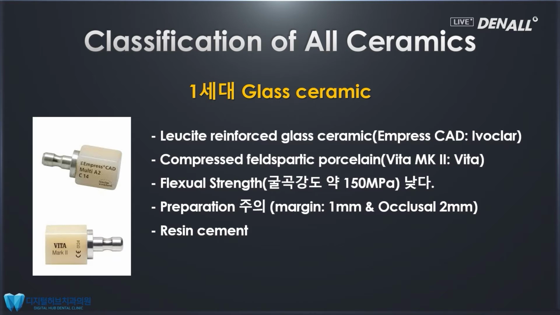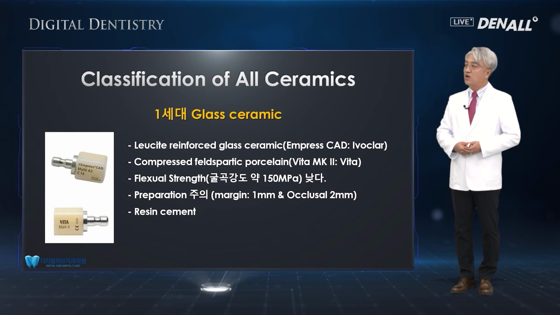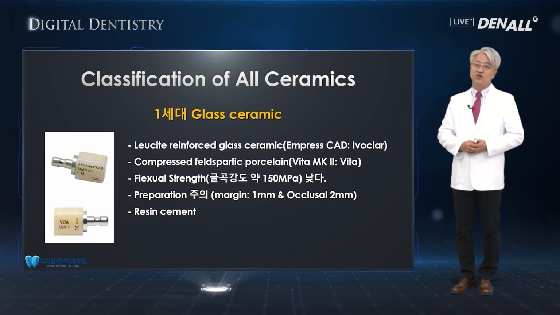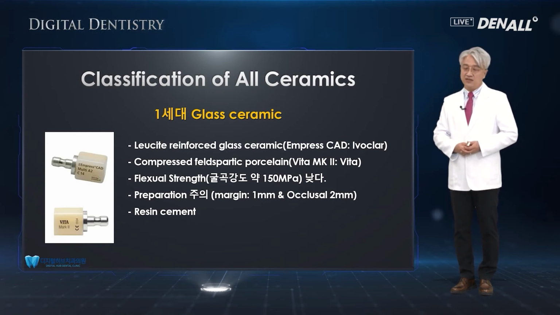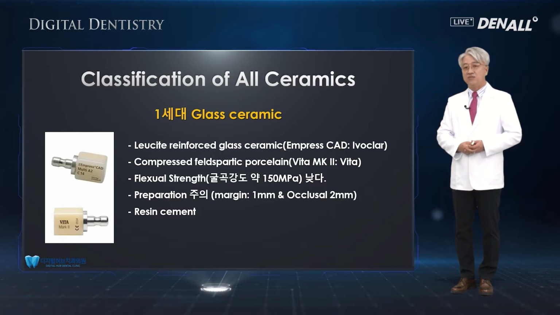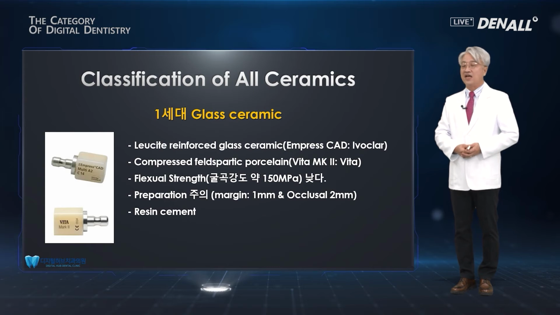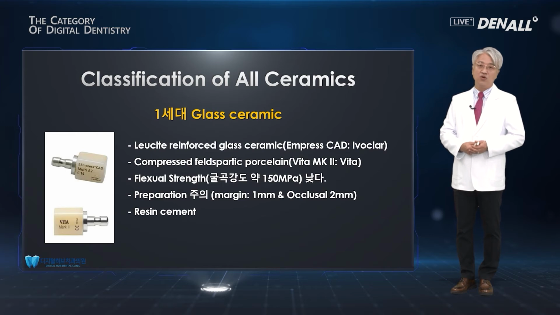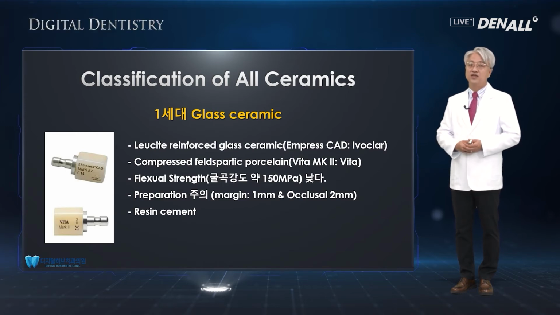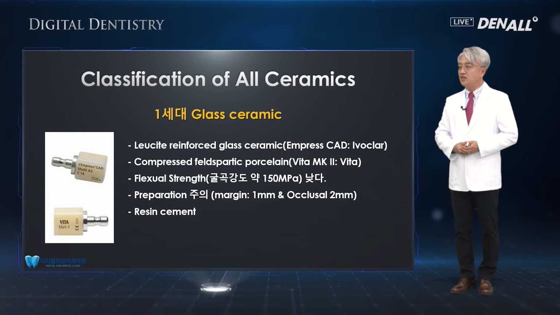Very nice material, but flexural strength is about 150 megapascal, so it's a bit on the low side. So on the anterior side, or where the occlusal force is not too strong, you use it in that area, and because of that low strength, you need to have occlusal reduction in the margin side about 1 millimeter or 2 millimeters.